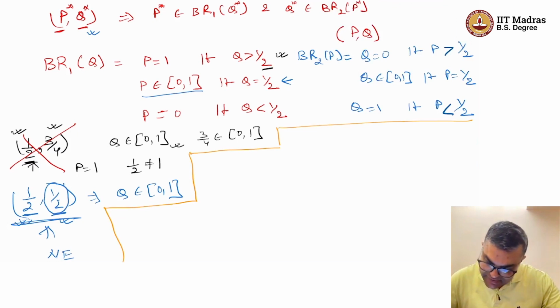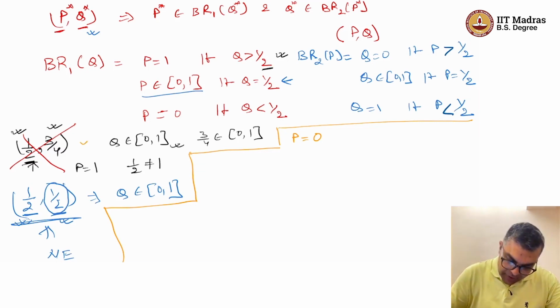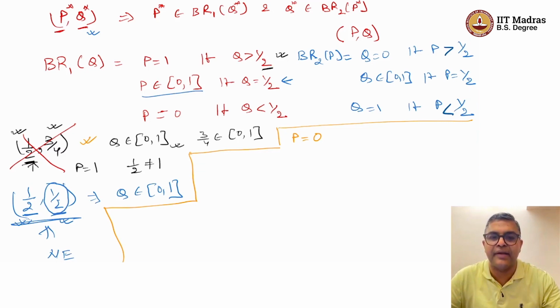So let us start with player 1. Let us say player 1 plays P equal to 0. Another reason this technique is useful is that it will give us the list of all Nash equilibria, while the earlier one only helps us check whether a proposed candidate is a Nash equilibrium or not.